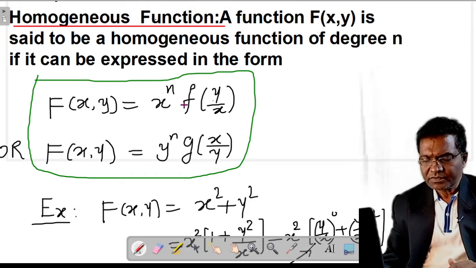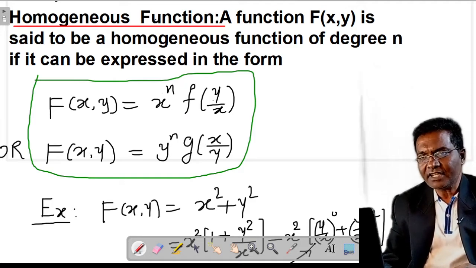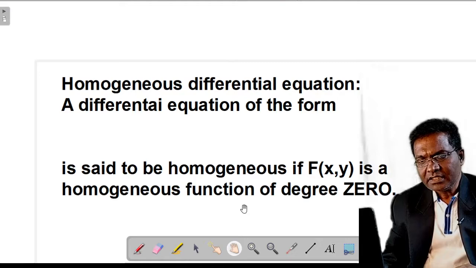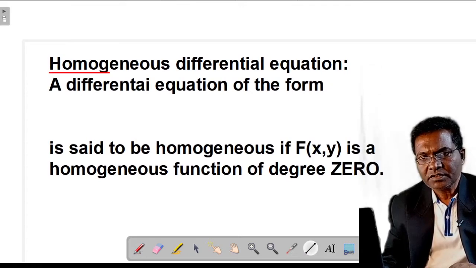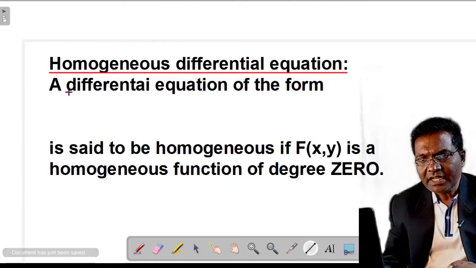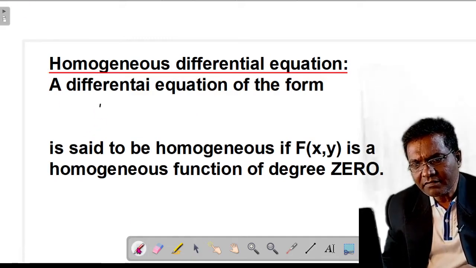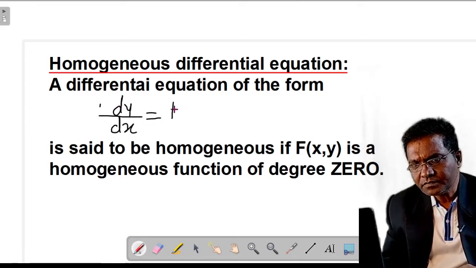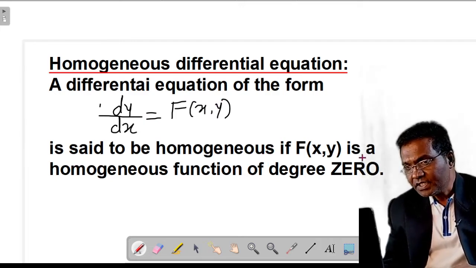Okay, so now let us understand what you mean by a homogeneous differential equation. Now see here, a homogeneous differential equation means what? A differential equation of the form dy by dx is equal to f of xy is said to be homogeneous if f of xy is a homogeneous function of degree 0.